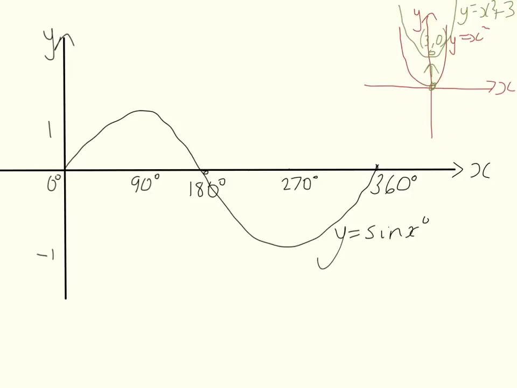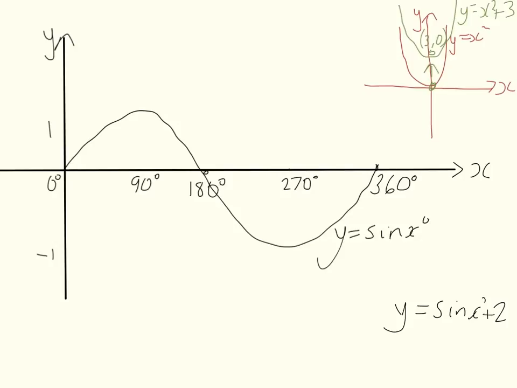The same is absolutely true for trigonometric graphs. If we are asked to graph y equals sine x degrees plus 2, let's imagine that's what we're looking to graph eventually. Y equals sine x degrees plus 2.